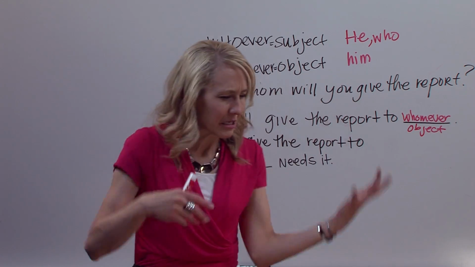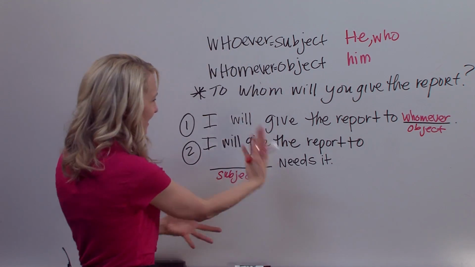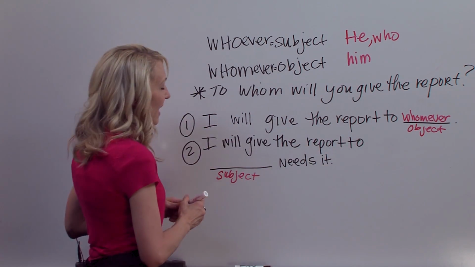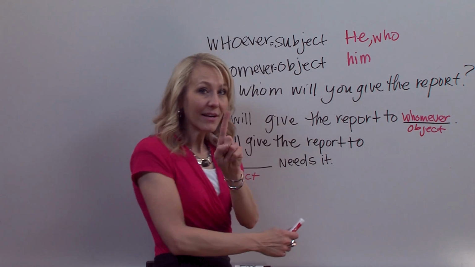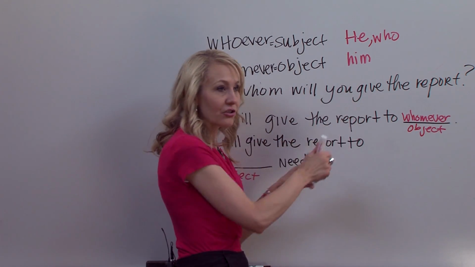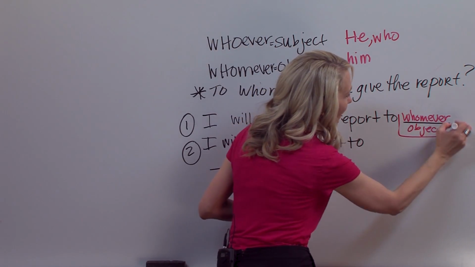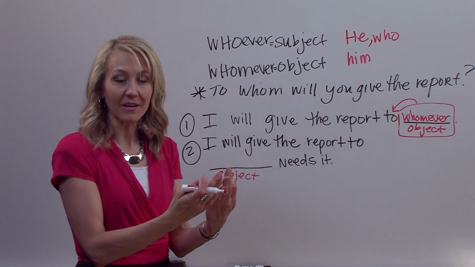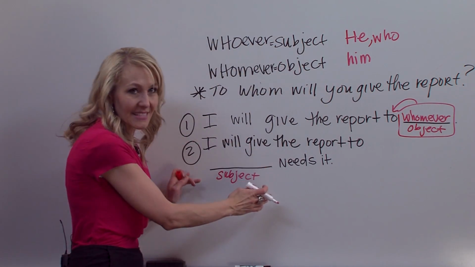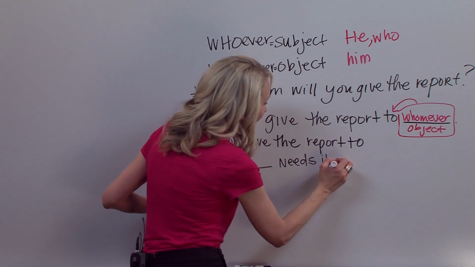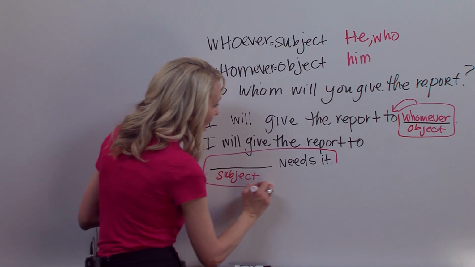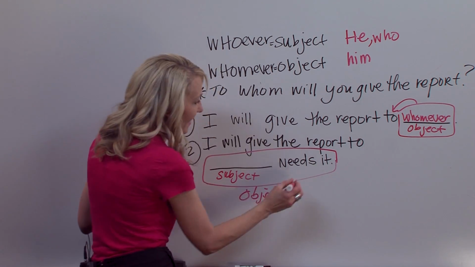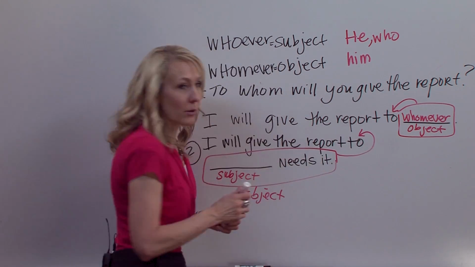Now you might be going, subject, object, how can this be the subject? It's still coming after the to. Here's the answer. Over here, one word coming after the to is functioning as the object of that preposition. In this sentence, however, this entire embedded clause is still functioning as the object of this preposition.